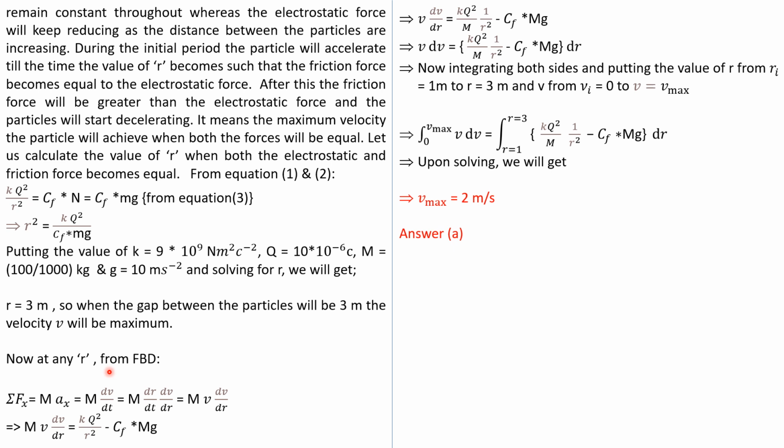Now at any gap r between the charged particles, we can write this equation: summation of force in the x direction is equal to mass into acceleration in the x direction. This is from Newton's law of motion.